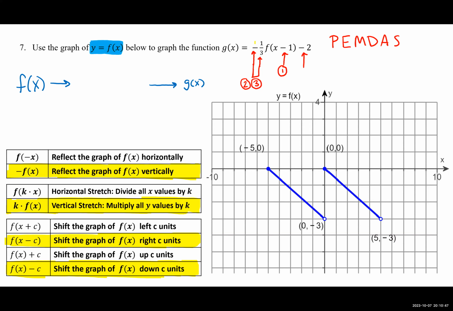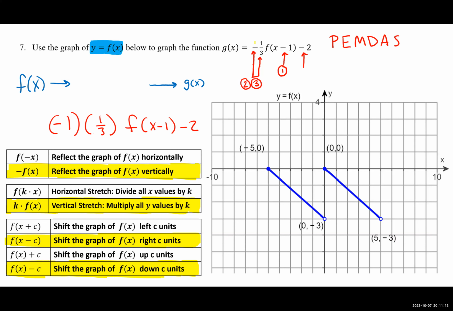It doesn't matter if you do the negative first or the 1/3 first, because that negative 1/3 is two multiplications. It's like having a -1 times a 1/3 times the f of x minus 1, minus 2. Order doesn't matter with multiplication.